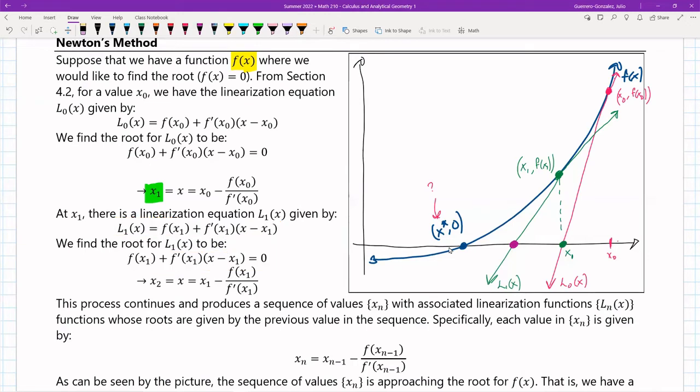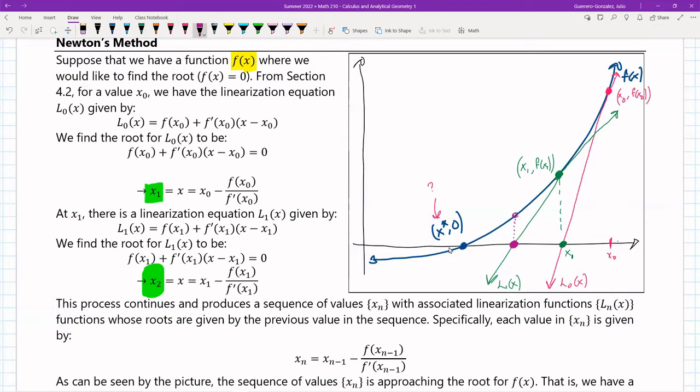If you solve out for x, you get this right here. Notice how this x1 was found from the values from before. I'm going to call this new value x2.